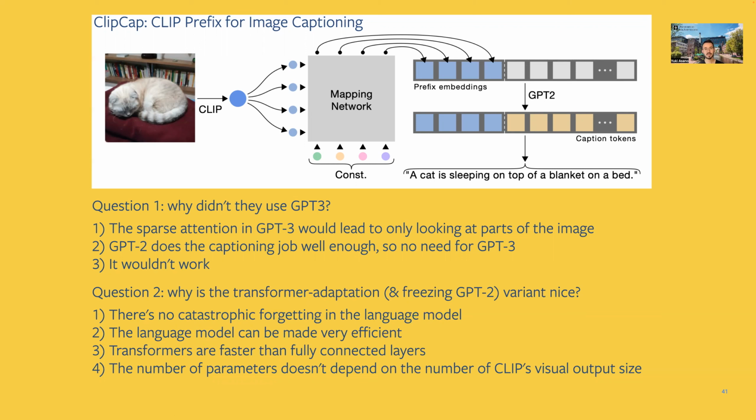I mean, they include fully connected layers in there. And yes, indeed, language models can be made very efficient. And indeed, there's no catastrophic forgetting in the language model if you indeed keep it frozen. And some other models also report that if you keep the language models frozen, it will generalize much better to new tasks at a later stage.